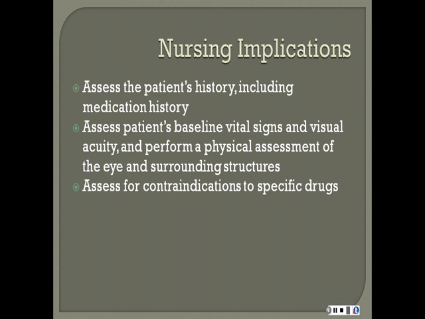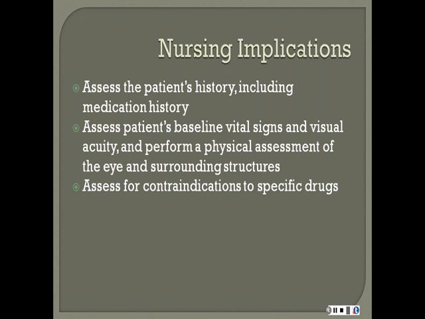So we want to assess the patient's history, including medication history, and we want to assess for allergies for sure. Some of those drugs that we talked about have some cross-sensitivities, so we want to make sure that we know all of that. We want to assess their baseline vital signs and visual acuity, and perform a physical assessment of the eye and the surrounding structures.